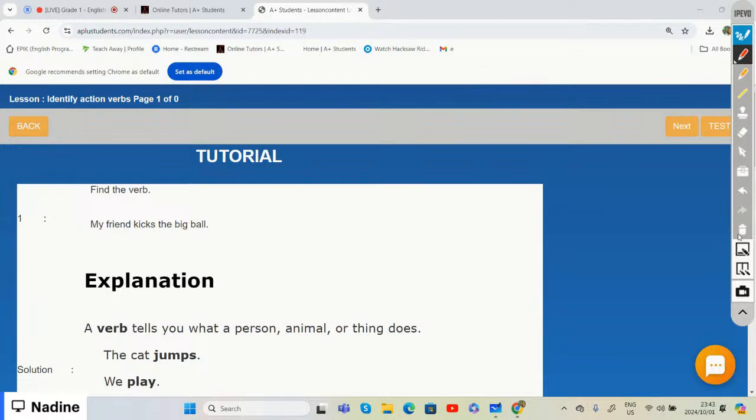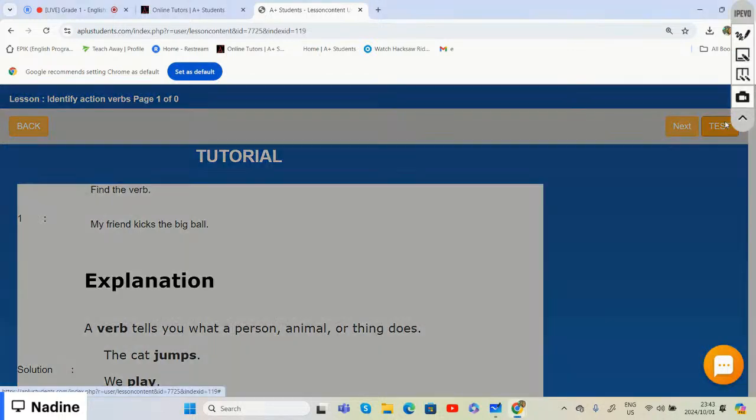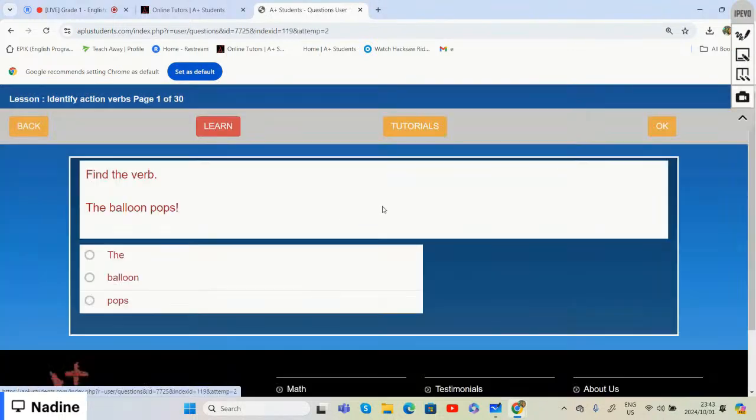All right, so now we're going to our test, where we are going to find the verb. It says, the balloon pops. What is the verb within that sentence? Is it the, is it balloon, or is it pops?